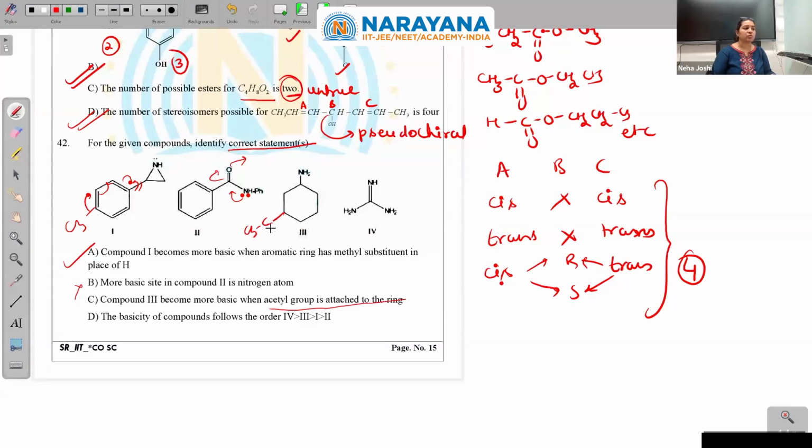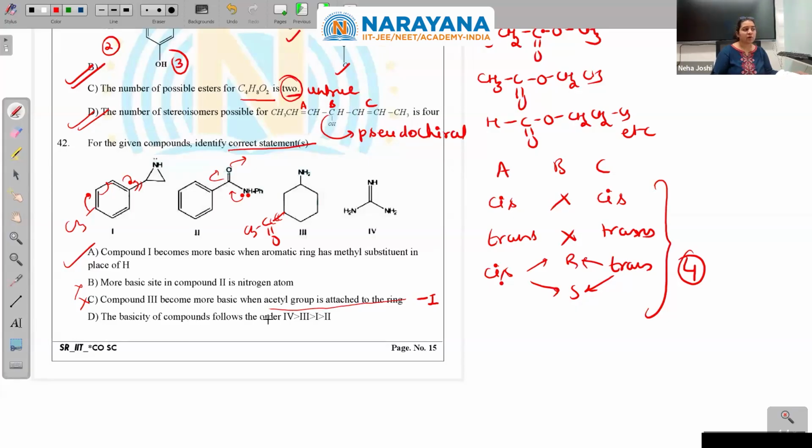Well, the acetyl group will not be part of resonance, but ultimately it is electron withdrawing, right? And if the group is electron withdrawing, it cannot make it a better base. For a better base, I need an electron releaser, whereas here the acetyl group added is a minus I group. So no, this is not correct.